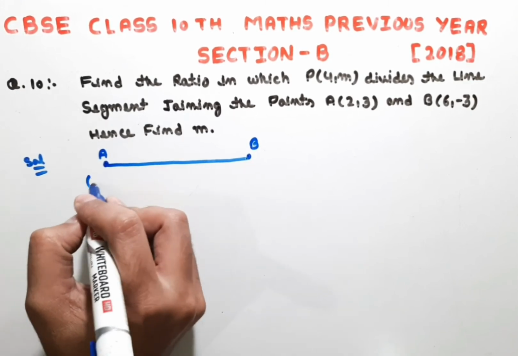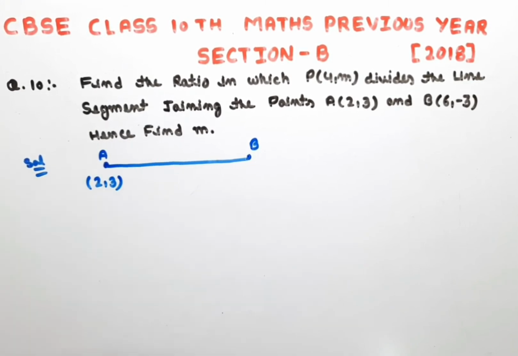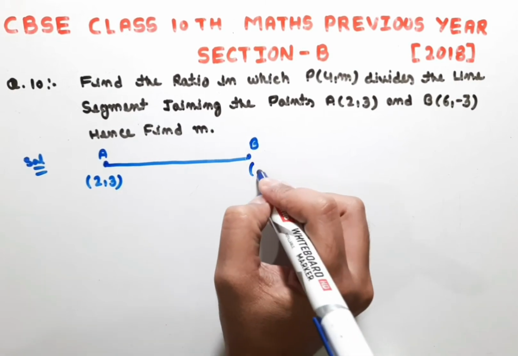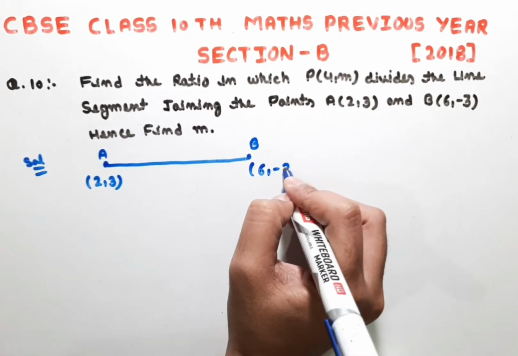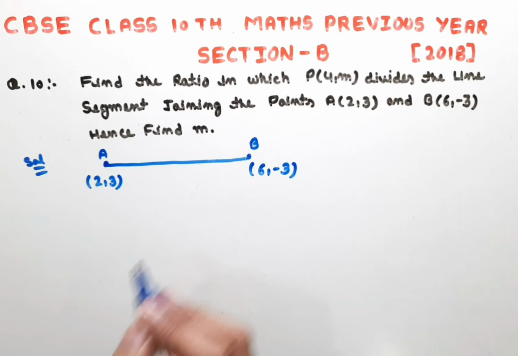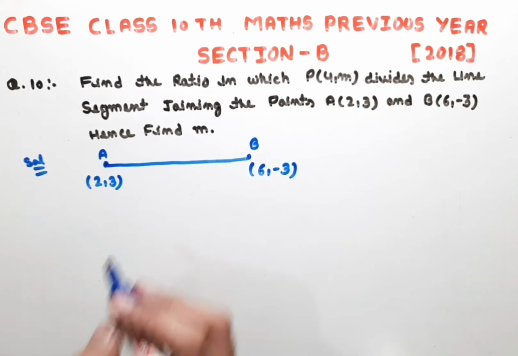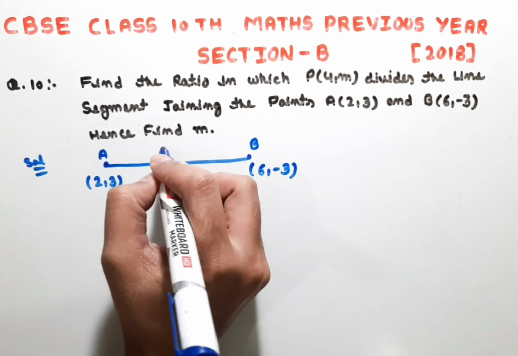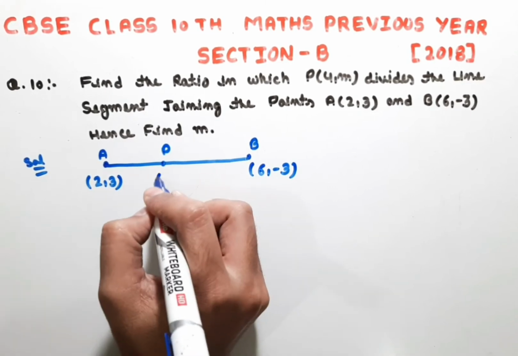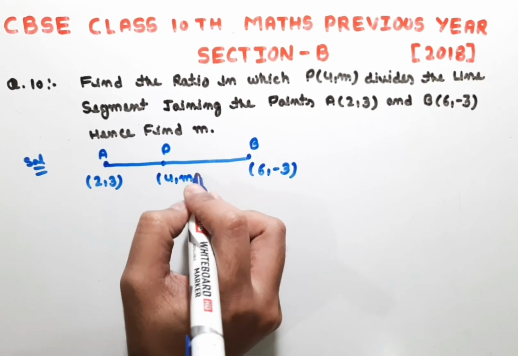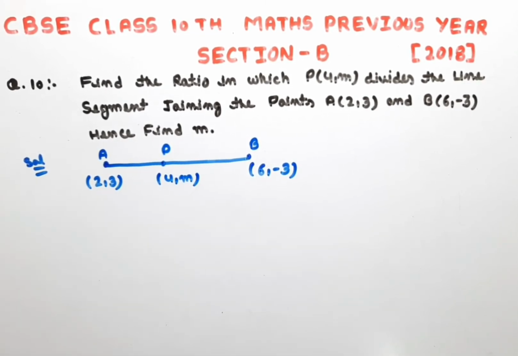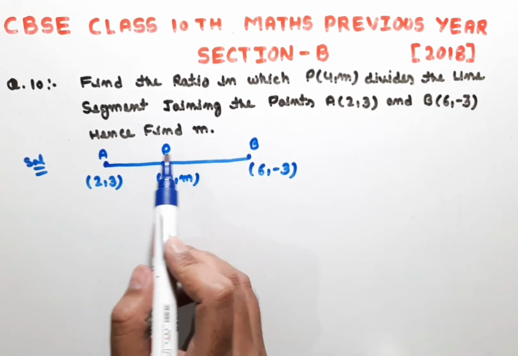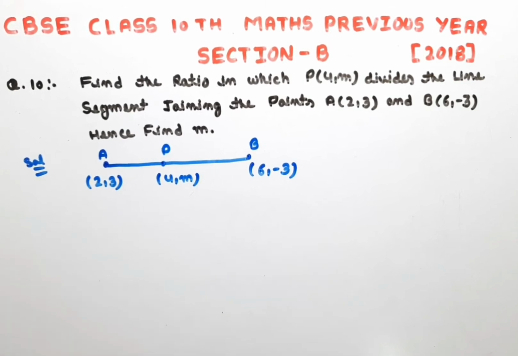Coordinate of point A is (2, 3) and coordinate of point B is (6, minus 3). In this line segment, there is a point P whose coordinate is (4, m). We have to find the ratio in which point P divides line segment AB.